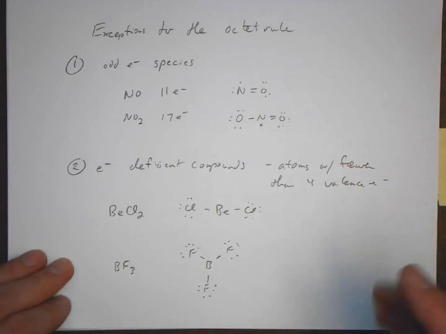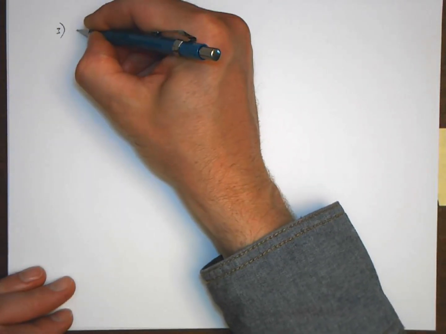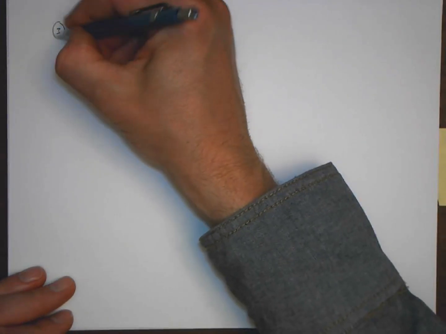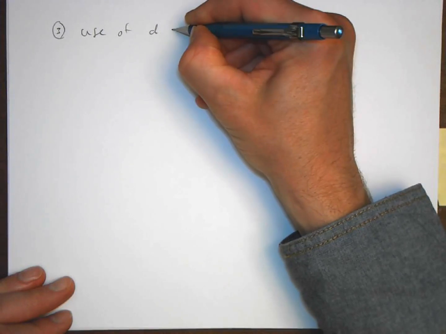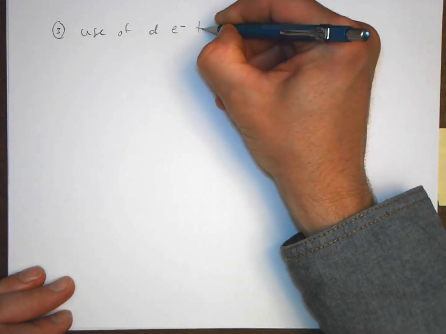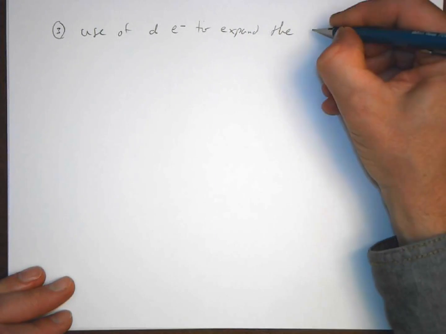Okay, the final exception to the octet rule is the following: the use of D electrons to expand the valence shell.